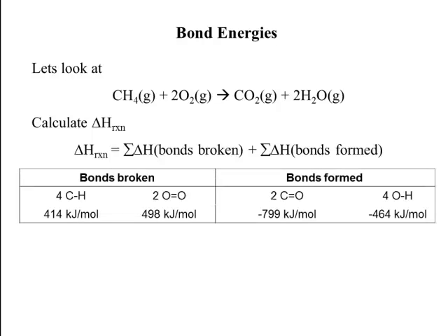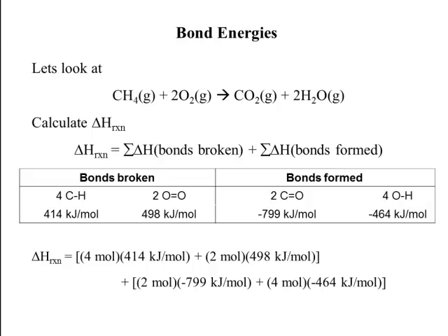Okay, so looking at my table here, I now need to take into account my number of bonds. When I plug those into the equation, I can see I've got basically 4 moles of the carbon-hydrogen single bond, so 4 times the 414 kilojoules per mole, plus I had 2 of the oxygen-oxygen double bond, so 2 moles of that times the 498 kilojoules per mole. That's my bonds broken part.